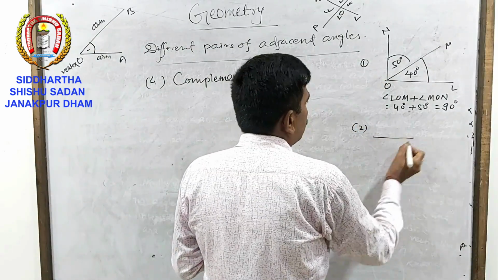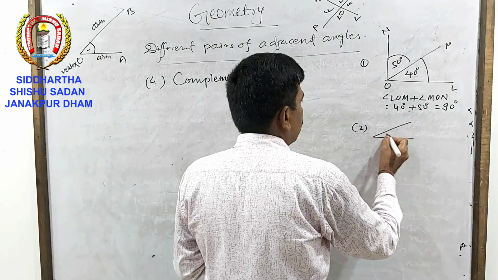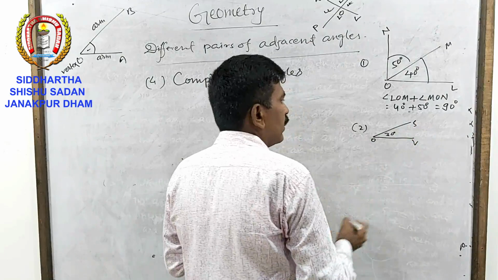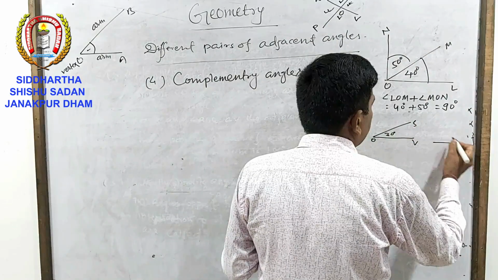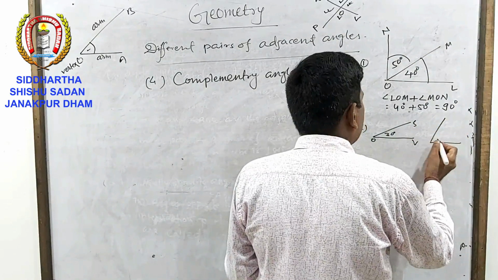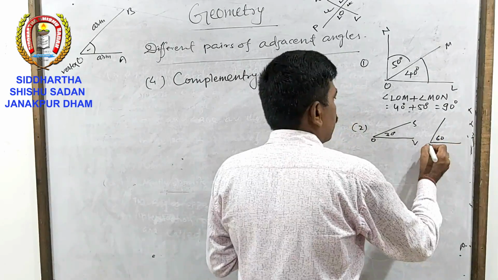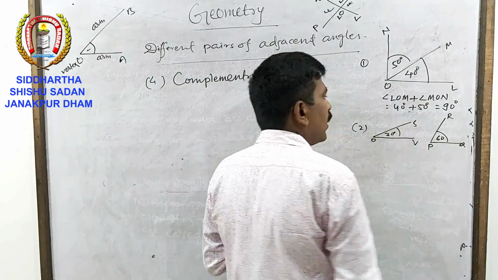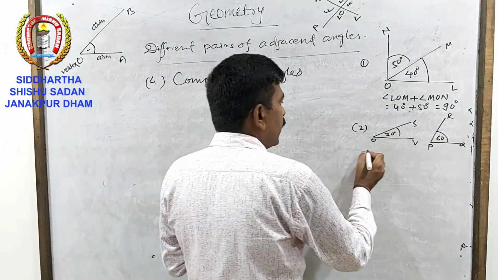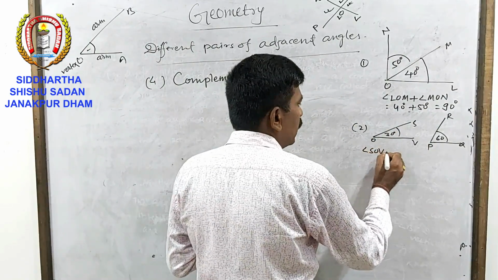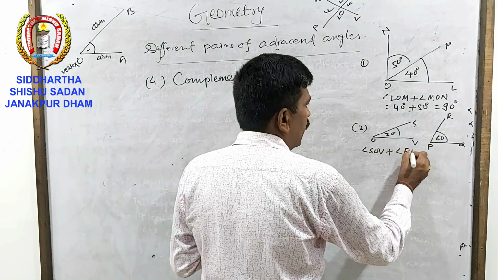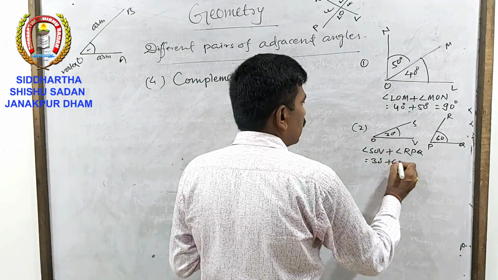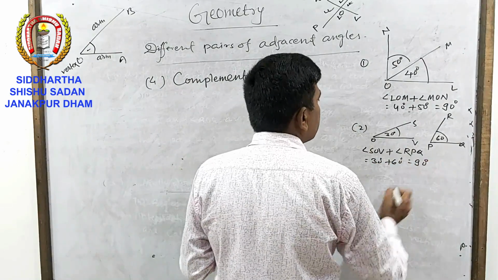Suppose here is 30 degree, angle SOV, and here is 60 degree, PQR is here. Now angle SOV plus angle RPQ is equal to 30 degree plus 60 degree is equal to 90 degree.